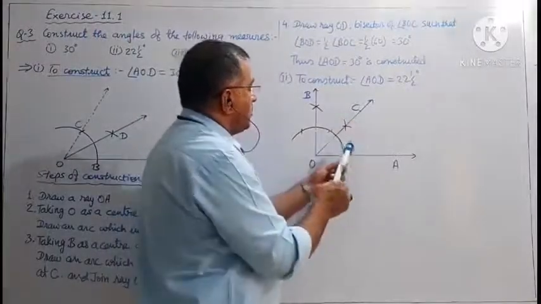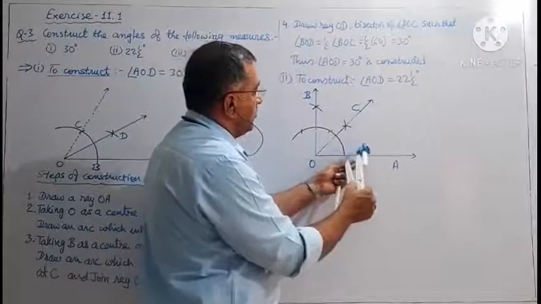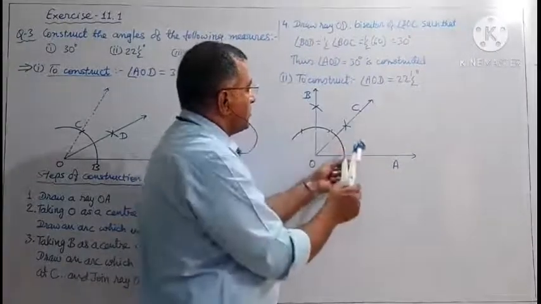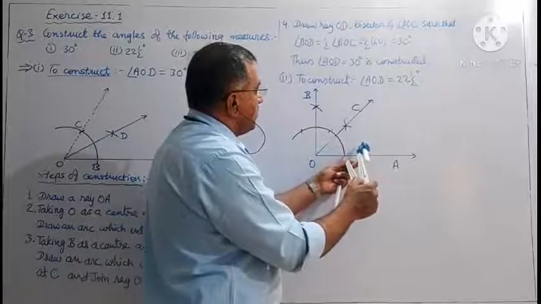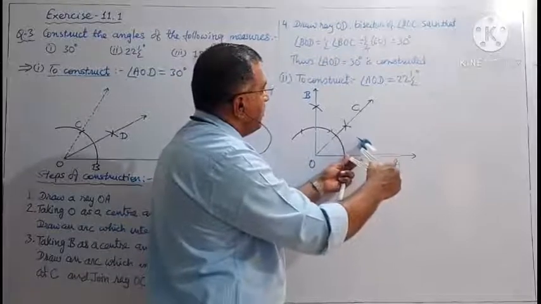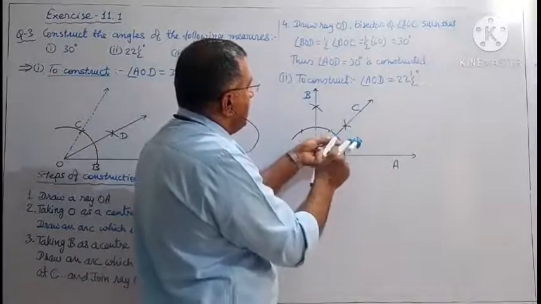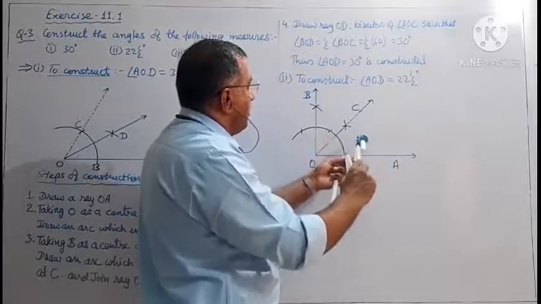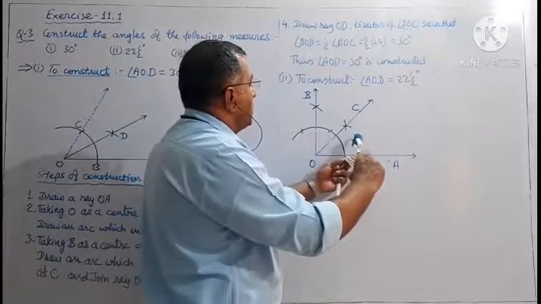Now draw ray OD, bisector of angle AOC. So on these rays OA and OC, these are the points of intersection, points on the arc. And so taking the radius more than half the distance between these points, we can draw the bisector of this angle AOC, that is bisector of 45 degree.